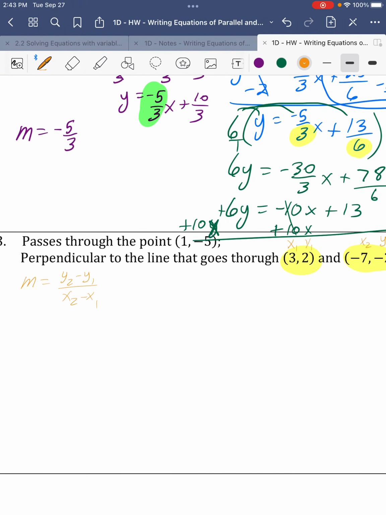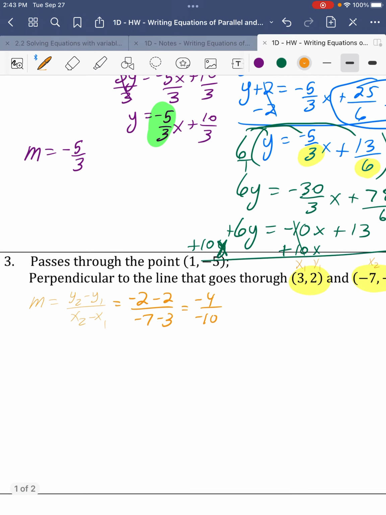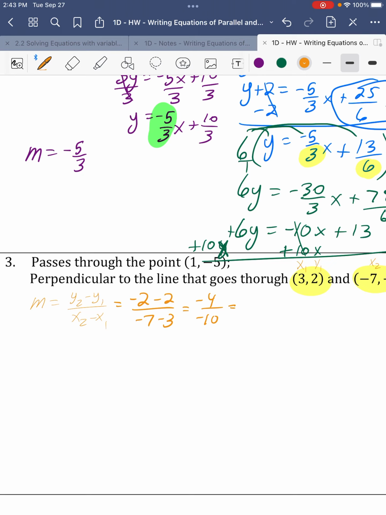So we have, that's going to be negative 2 minus 2, negative 7 minus 3. So that's negative 4 over negative 10, which will end up being positive 2/5 when it's reduced. Divide numerator and denominator by negative 2. Or by 2, and then you have a negative divided by negative as a positive.